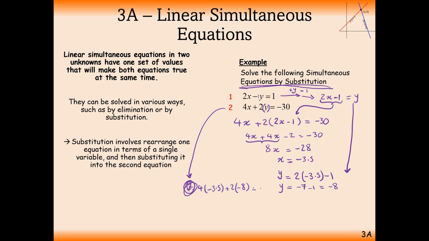So this must give me negative 30, but I'm just going to put a question mark here and figure out these numbers by calculation. So this is minus 14 and this is minus 16. Yes, minus 14 minus 16 does give me minus 30, which is this equation here. So it works out to be correct, and I have no doubt, no question mark there.